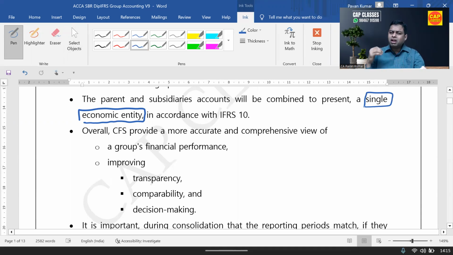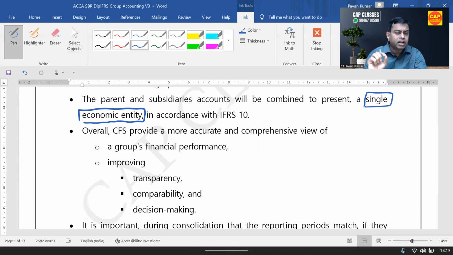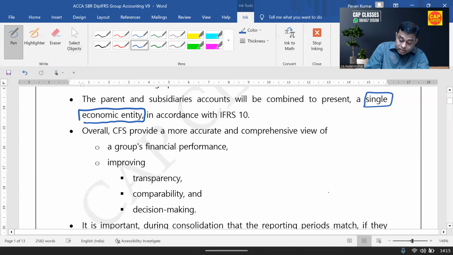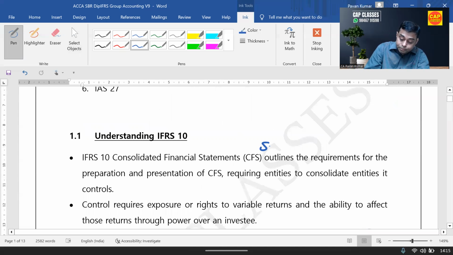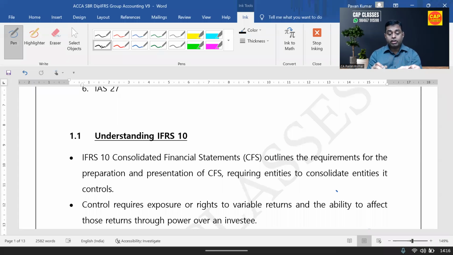Do you remember, maybe in your earlier foundation, when you were learning the basics of accounting, you might have come across one particular phrase, which is substance over form.